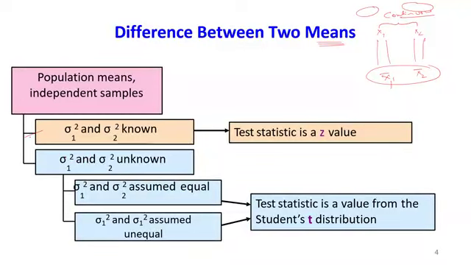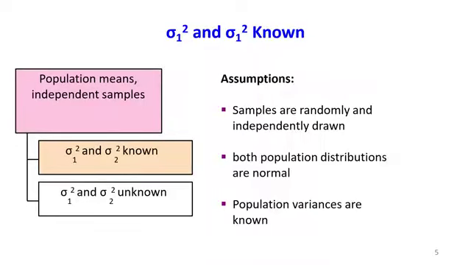First let's focus on this one and we will come to the others. Let's suppose my population variances are known to me. By default, wherever you have the information about the population variance, directly refer to the Z distribution. There you have to find out what we call the Z score or Z test statistic.